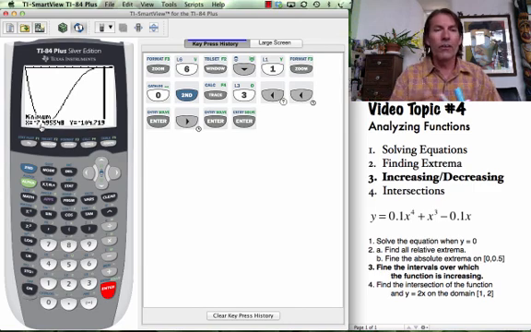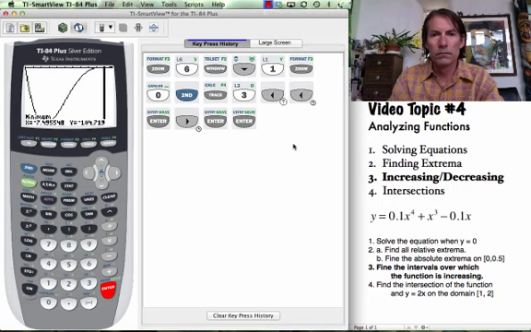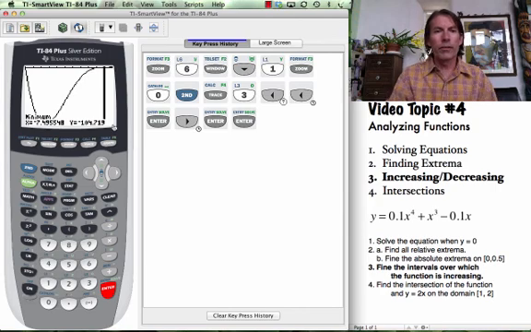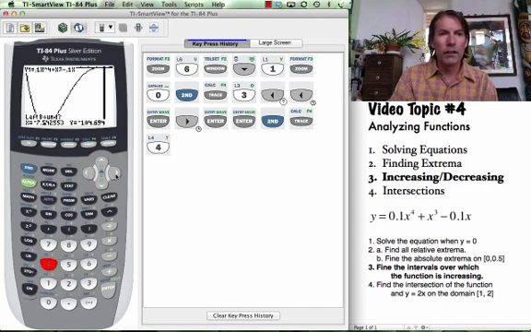Now we're going to look at that other maximum there. We're going to find that maximum, so I'm going to hit second, calculate maximum, which is 4, and I'm going to zoom in on that other part.